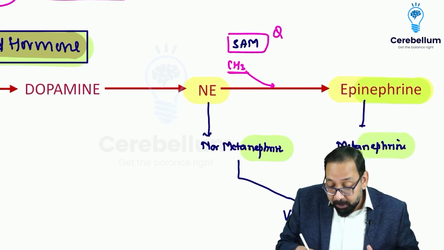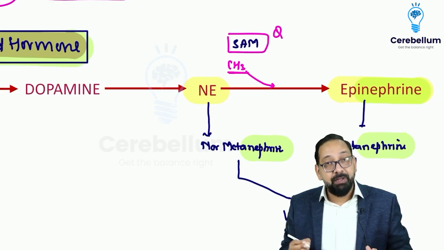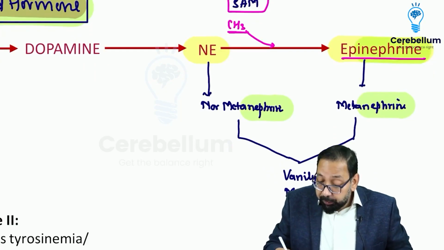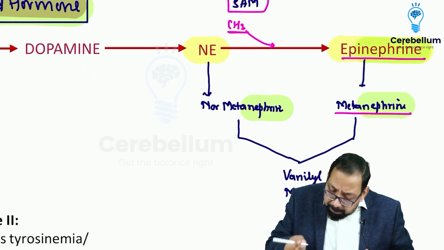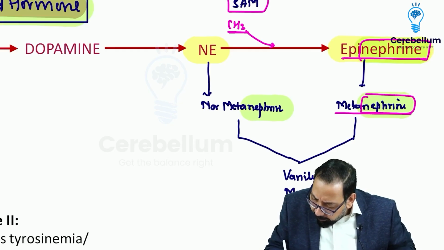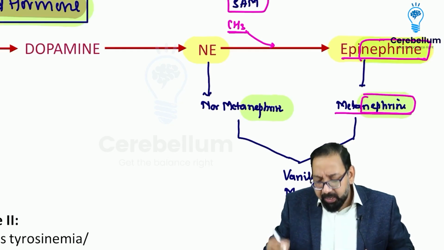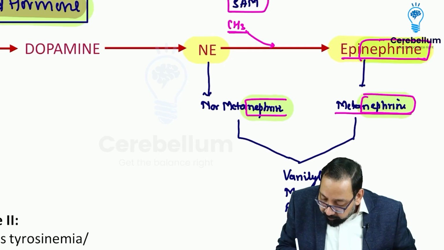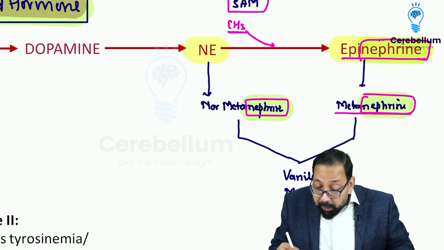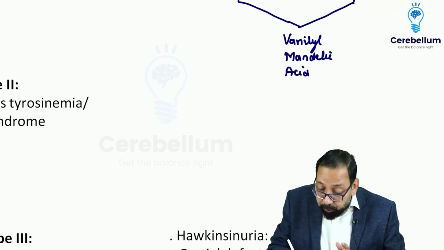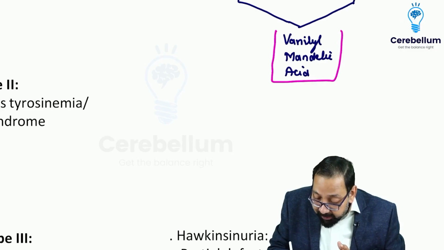Question has been asked, norepinephrine to epinephrine. We found that epinephrine is converted to metanephrine. Simple mnemonic: nephrine here, nephrine here. So epinephrine, metanephrine. Norepinephrine, normetanephrine. Metanephrine and normetanephrine are converted to vanillyl mandelic acid.